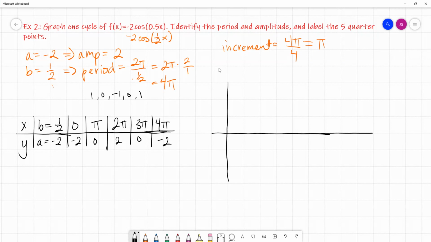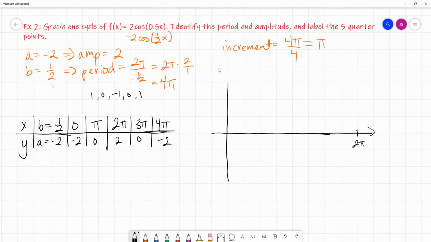I don't think I can, let's see. Yeah, I won't be able to fit the whole thing, so we'll just do it with the space we have. So right up to here is our 2 pi. I just like to make things nice and even for you to see the differences between the ones we've graphed before.